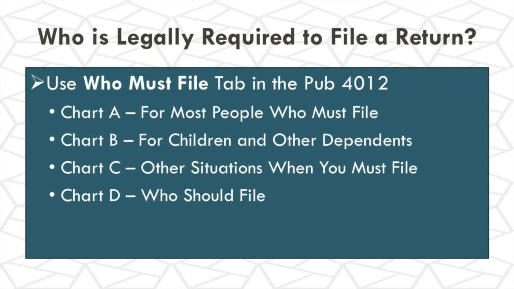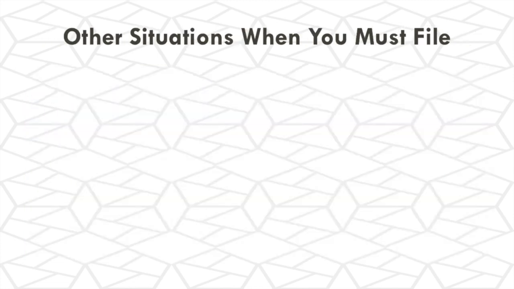Chart C refers to other situations when you must file, and Chart D refers to who should file. Let's look at Chart C first. We might have a situation in which a taxpayer is under the threshold amount for their age, filing status, and approximate gross income, but there may still be other situations when they are required to file.